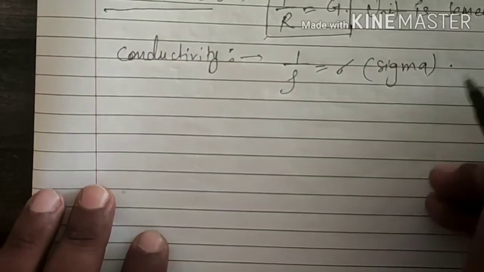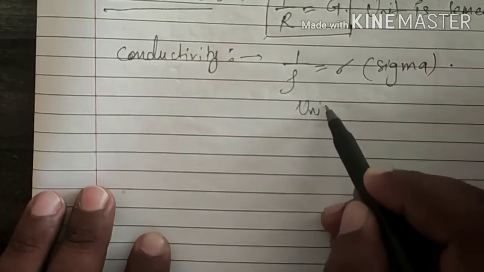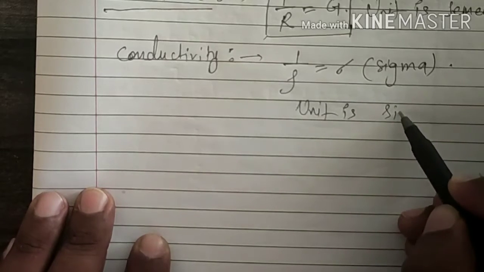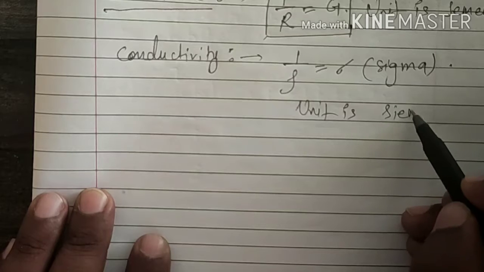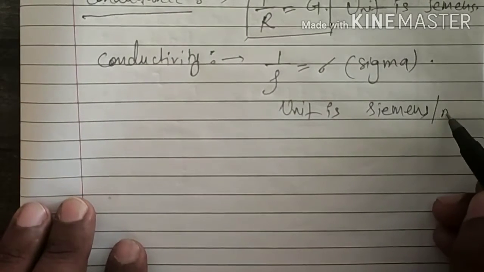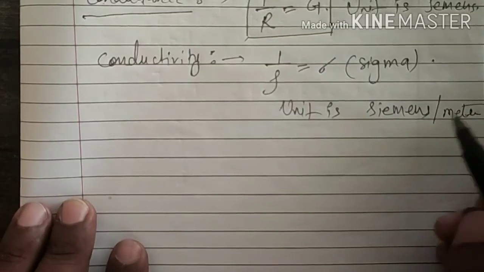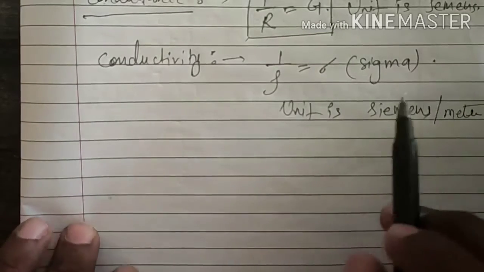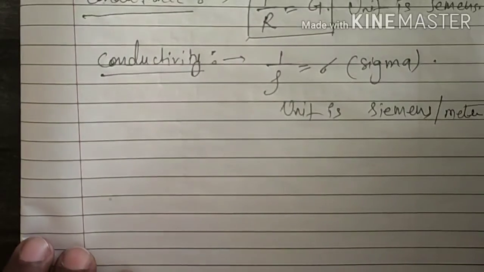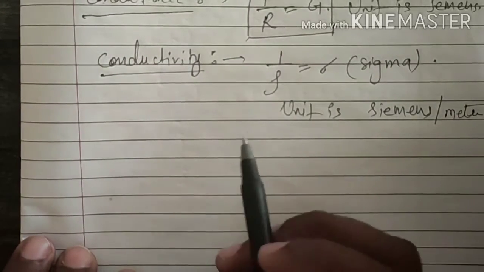Its unit is Siemens per meter. Siemens per meter is the unit for our conductivity.